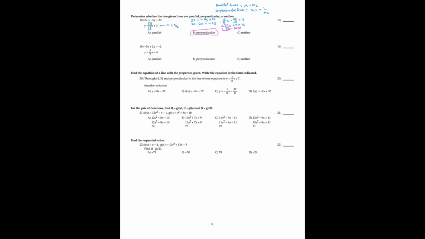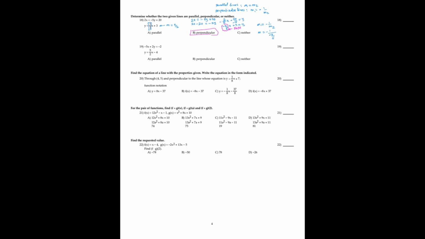Do you want to see how you can also find that? I found this slope, so I will call it slope 2. Slope 1 is negative 1 over slope 2. If I substitute slope 2 by negative 2 over 5, negative over negative is positive, and then you flip and multiply.